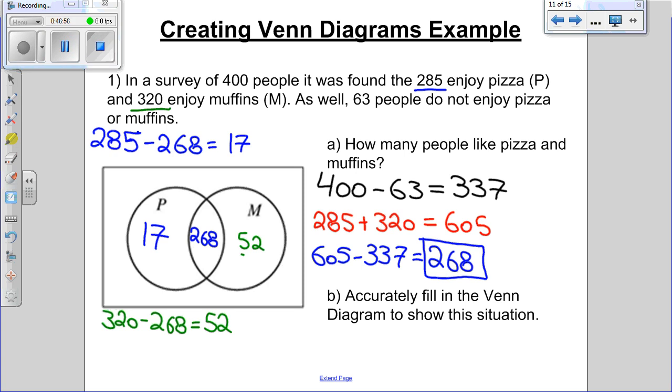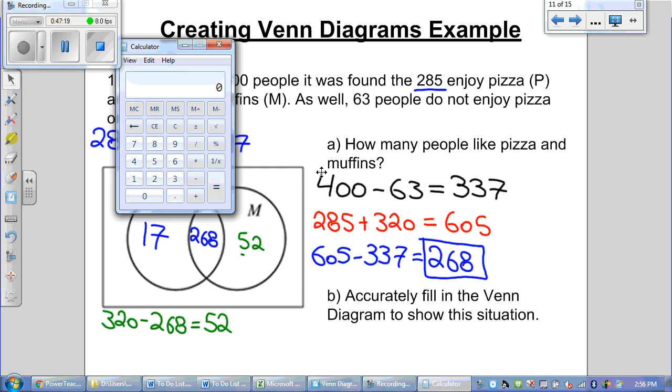So those people are on the outside. If you did this properly, those numbers should add up to your universal set. So 63 plus 268 plus 17 plus 52 is your 400 people included in your Venn diagram. Everyone is in the proper spot.